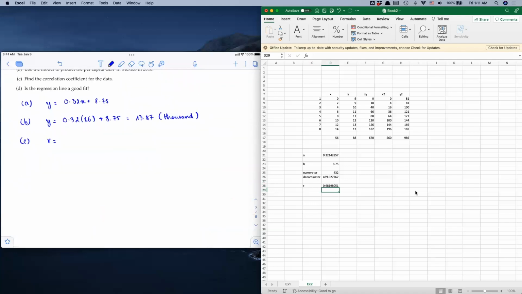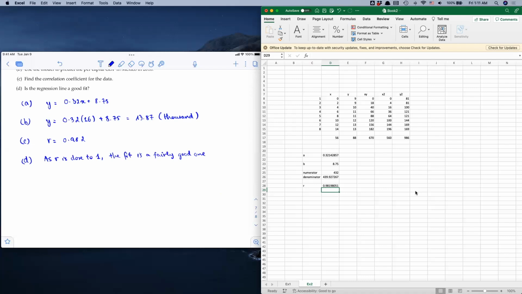So let me go to part C here. R is equal to 0.982. Let's round it to 3 decimal places. And part D, right, as R is close to 1, the fit is a fairly good one.